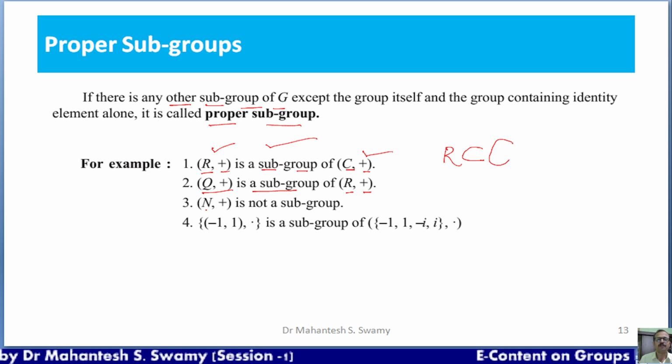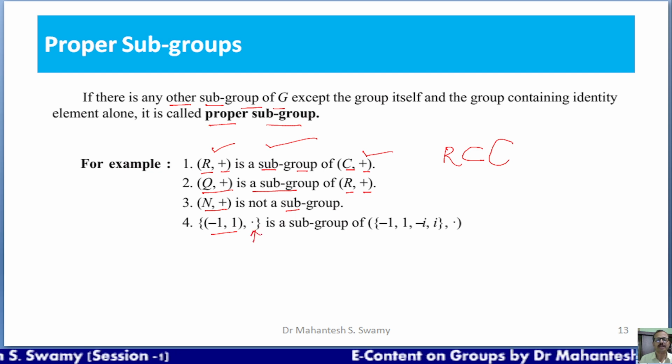The set of naturals is not a subgroup, because we have seen that this is not at all a group. Therefore, it is not becoming a subgroup. Whereas the set containing two elements, -1 and 1, together with the binary operation of multiplication, is a group we have already seen.